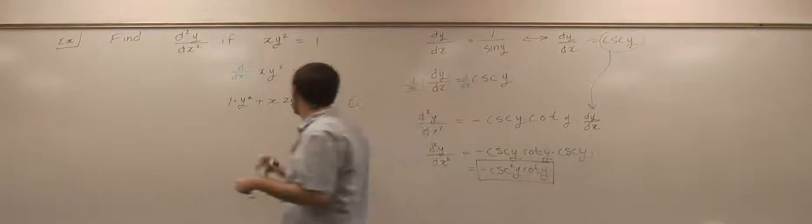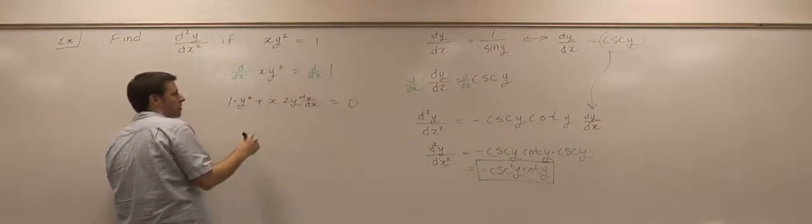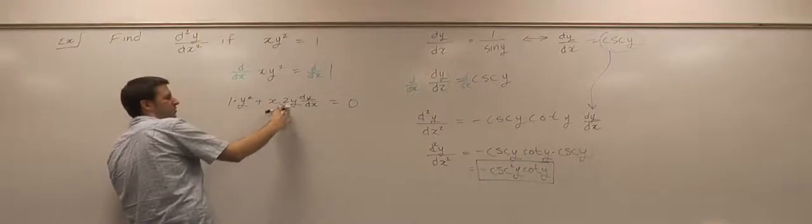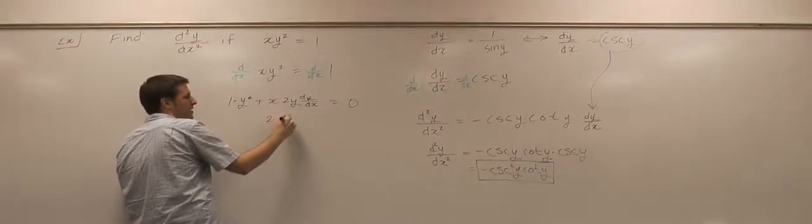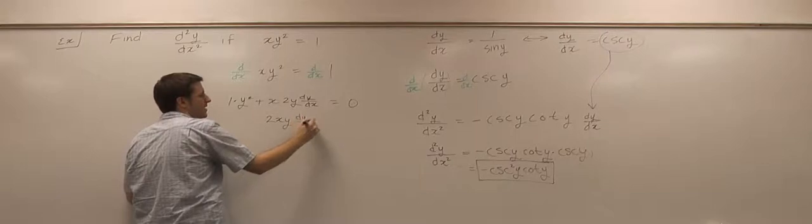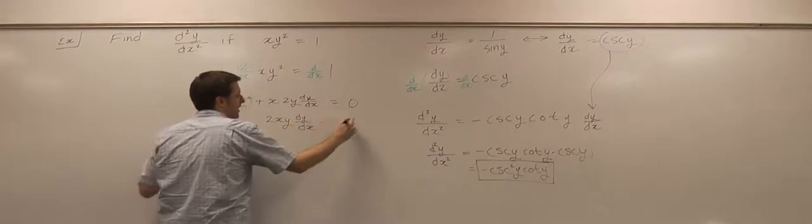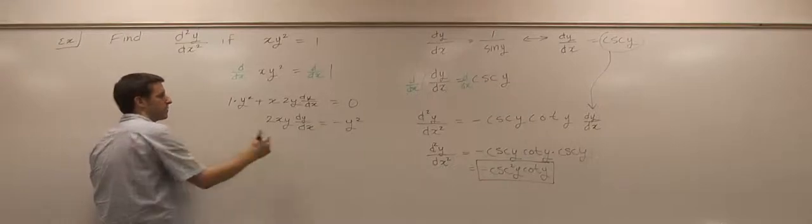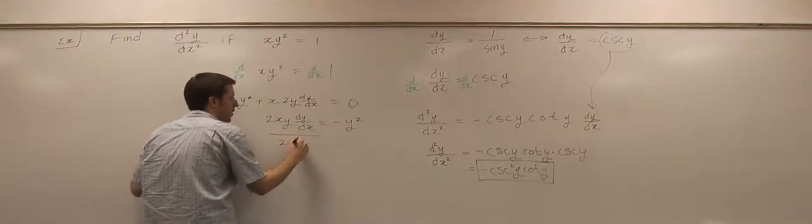Now I have to solve for dy/dx, so I'm going to subtract the y squared. So this is going to become, let me change the order here, 2xy dy/dx equals negative y squared. Divide by 2xy.